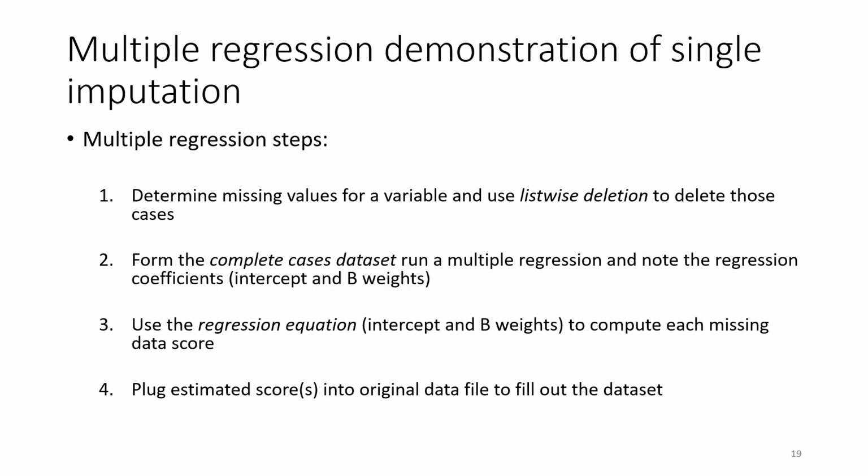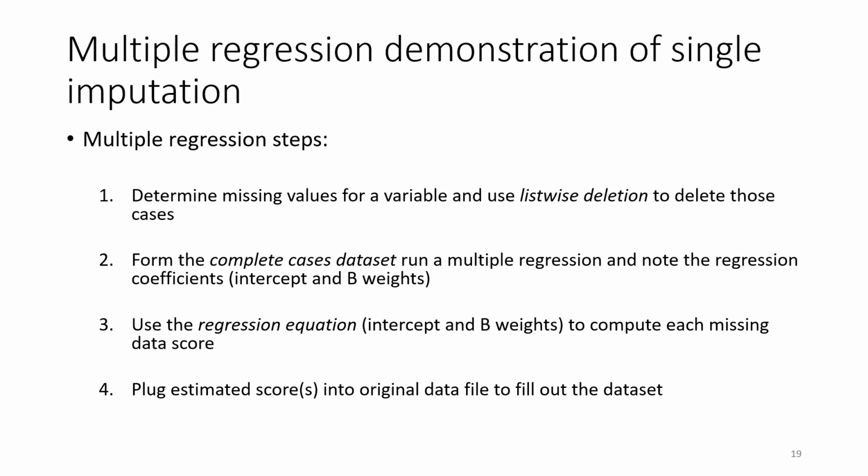One, we're going to determine the missing values for a variable and then use listwise deletion to delete those cases, any cases that have missing data. That gives us a complete cases data set. Using that complete cases data set, we're going to do step number 2, which is to run a multiple regression and note the regression coefficients, including the intercept and B weights.